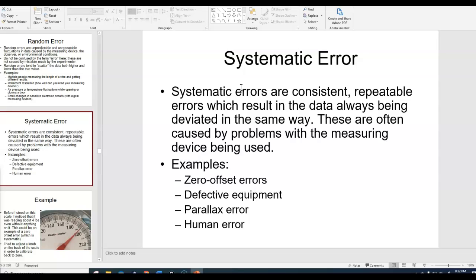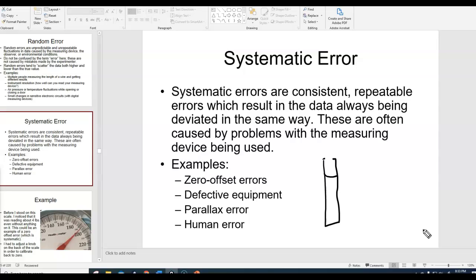Parallax error. This is kind of difficult to explain on the computer without doing an in-person demonstration. But in chemistry, when you're measuring, let's say, the volume using a graduated cylinder, they always tell you to look at the meniscus. You're supposed to get down at eye level so that your eyes are perfectly level with the meniscus so that you can measure the volume in the graduated cylinder.